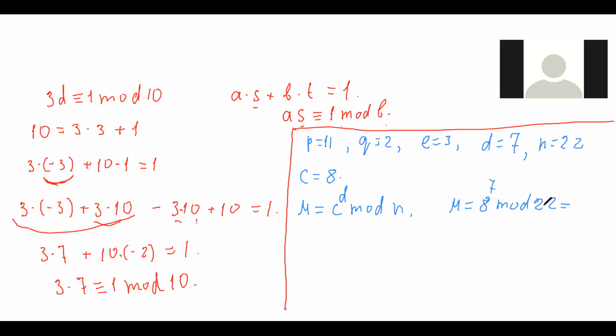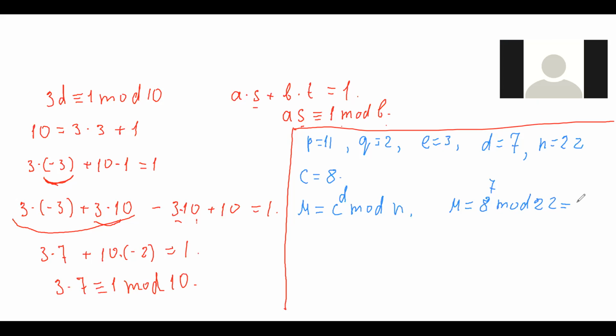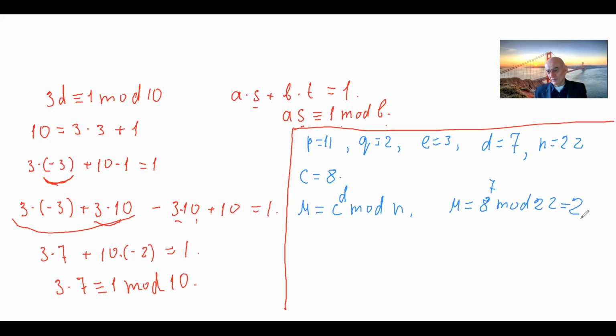Must be 2. It's 2, yes. It must be 2 and it's 2, because Bob encrypted message 2, and then Alice decrypted, and Alice must get number 2.